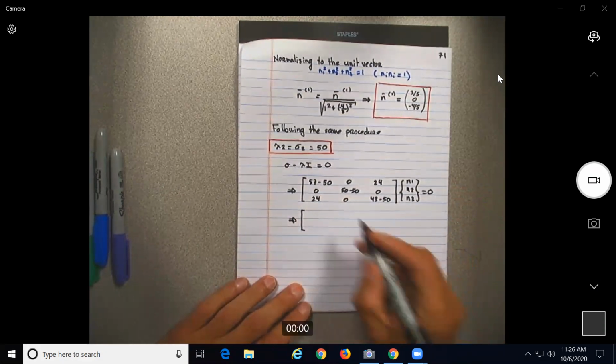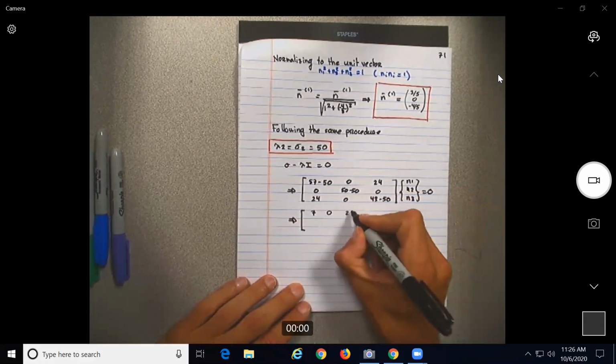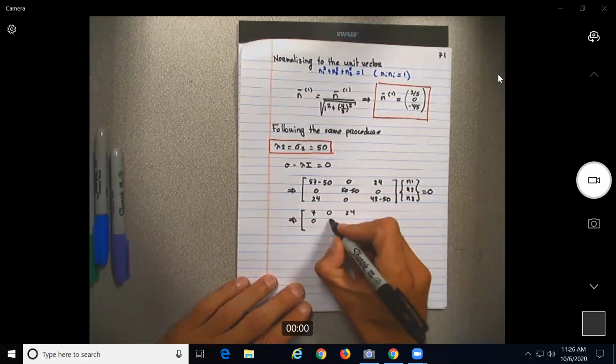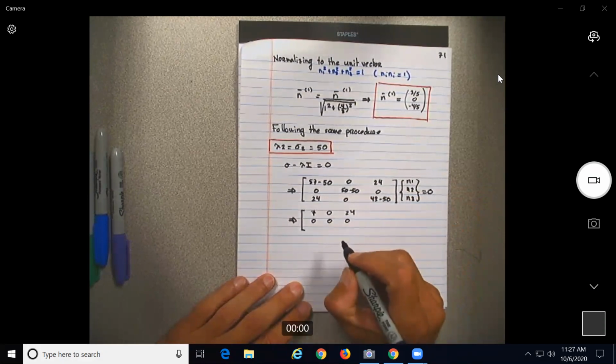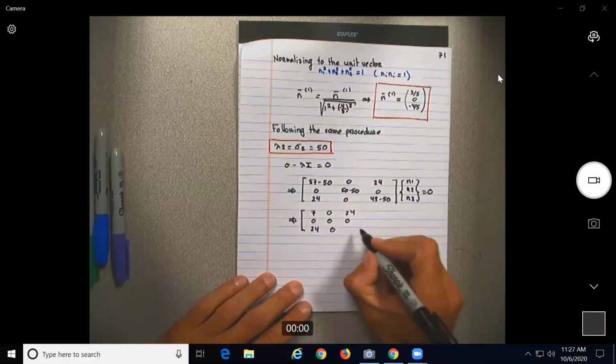So once you simplify, you get 7, 0, 24, 0, 0, 0, 24, 0, and negative 7.